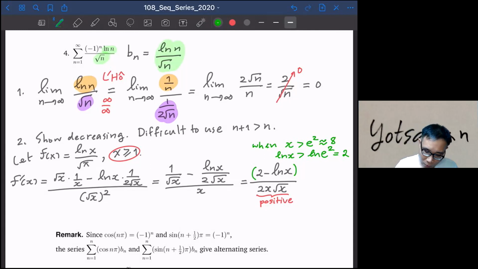So we're going to conclude here that this is negative when x is greater than or equal to 9. For x more than 9, the derivative turns out to be negative.